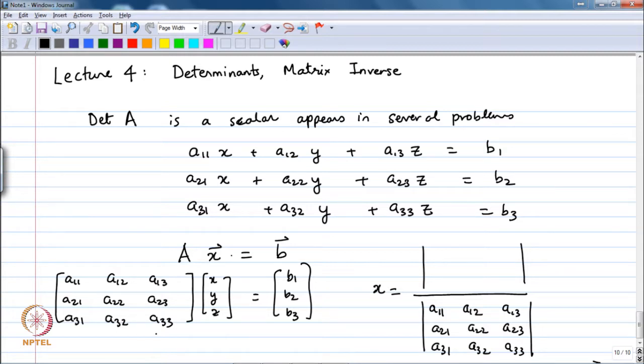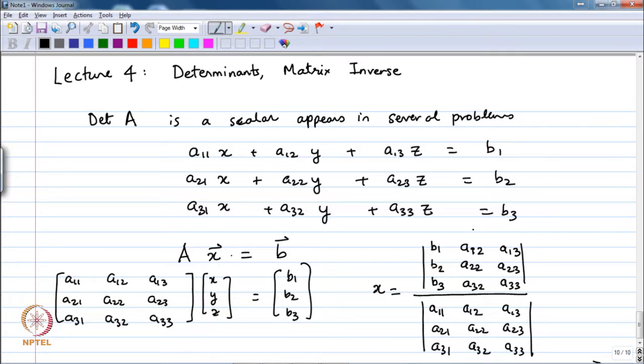In the numerator, you have something like the determinant of A, but you replace the first column by b. So you replace the first column with the vector b1, b2, b3, and you take the determinant of that. Similarly, if you want to calculate y, then you replace the second column of A with b1, b2, b3.